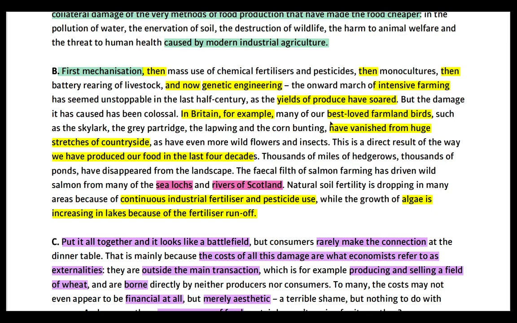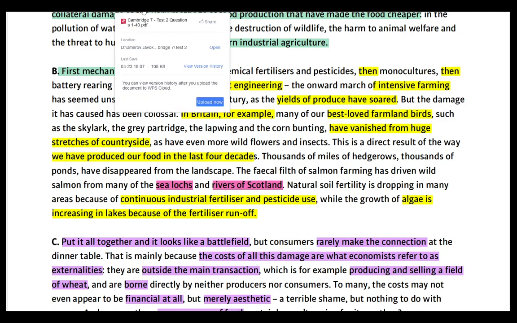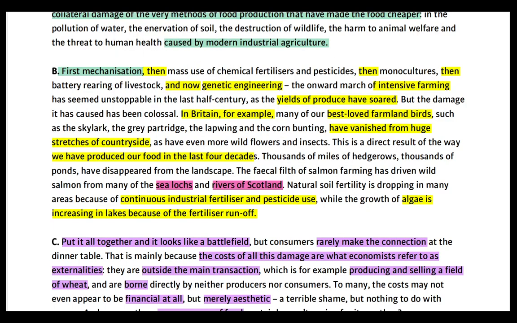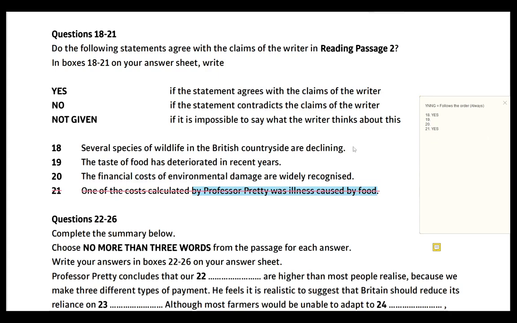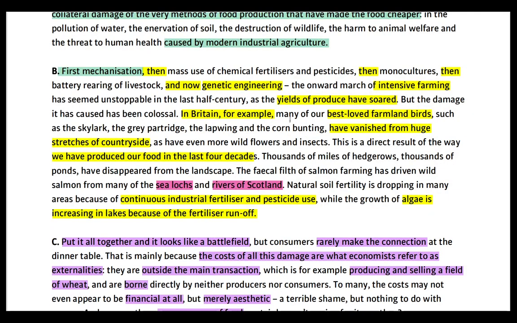Have vanished is a synonym for the word declining, because declining is in the process of vanishing. However, we have a determiner here, meaning many. It can be an uncountable noun, or whatever it is.